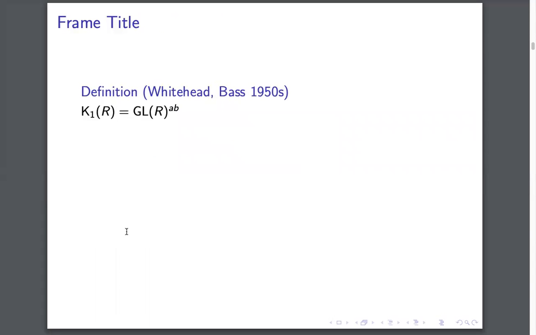Later, there is the definition of Whitehead and Bass in the 1950s of the first algebraic K-theory group. It is defined to be the abelianization of the infinite general linear group on R. The intuition for this comes from the definition of the first topological K-theory of a space.